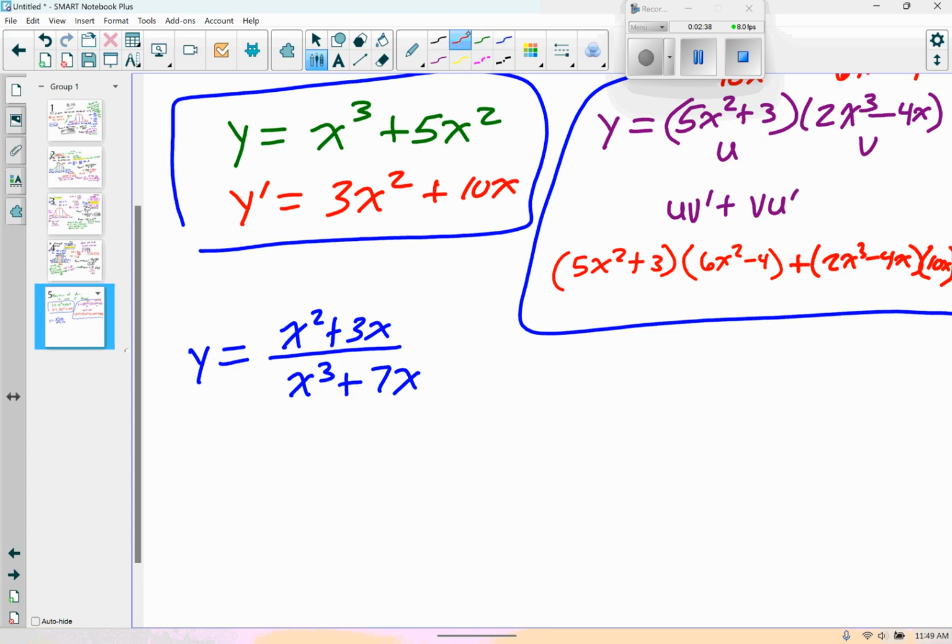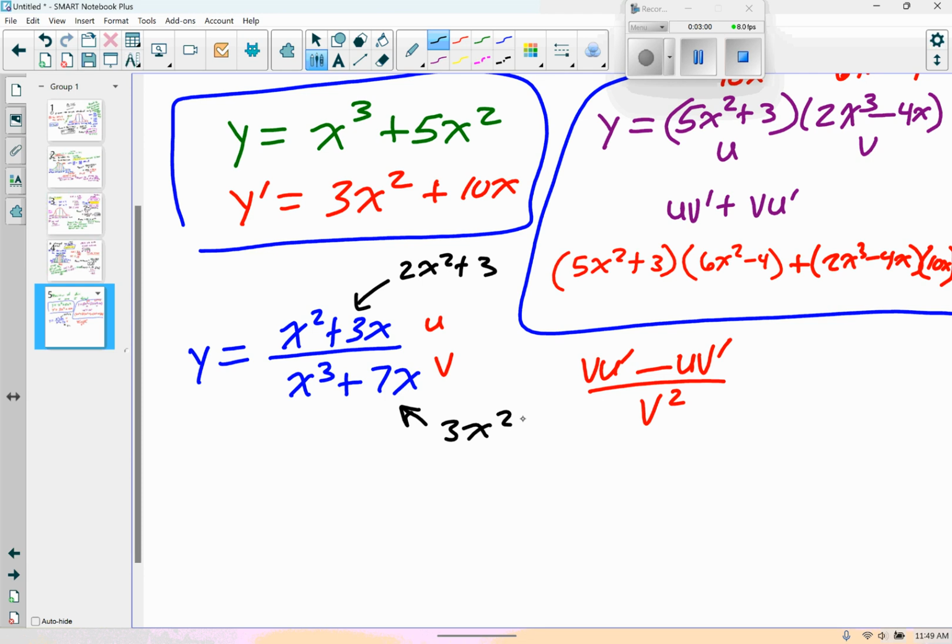When we have this type of situation, we call the top u, call the bottom v, and it's going to be v times the derivative of u minus u times the derivative of v, all over v squared. The derivative of the top gives me 2x plus 3. The derivative of the bottom gives me 3x squared plus 7. So just plug them directly back in.